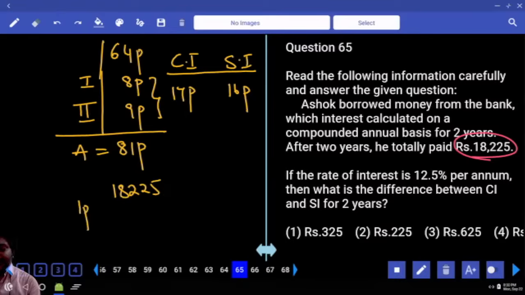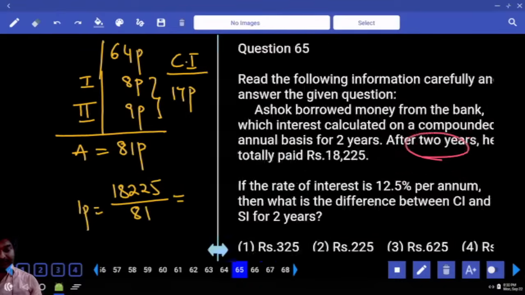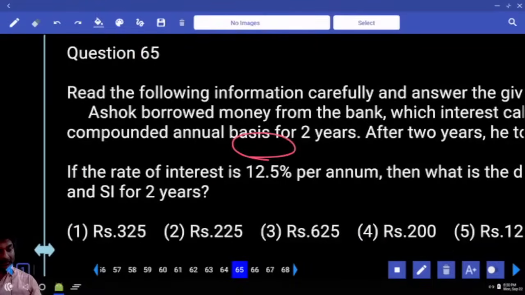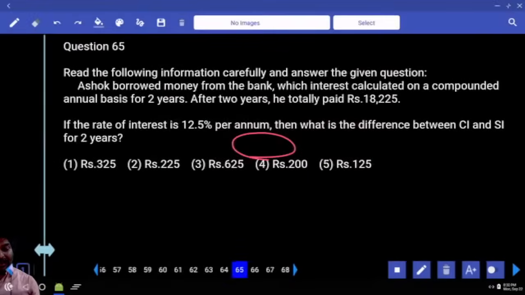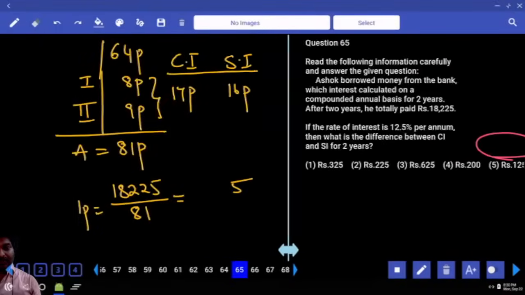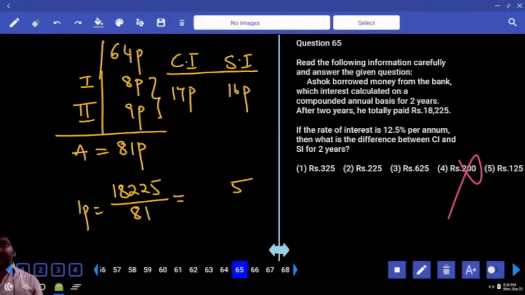Then the value of 1 part will be 18,225 divided by 81. The answer ends with 5.